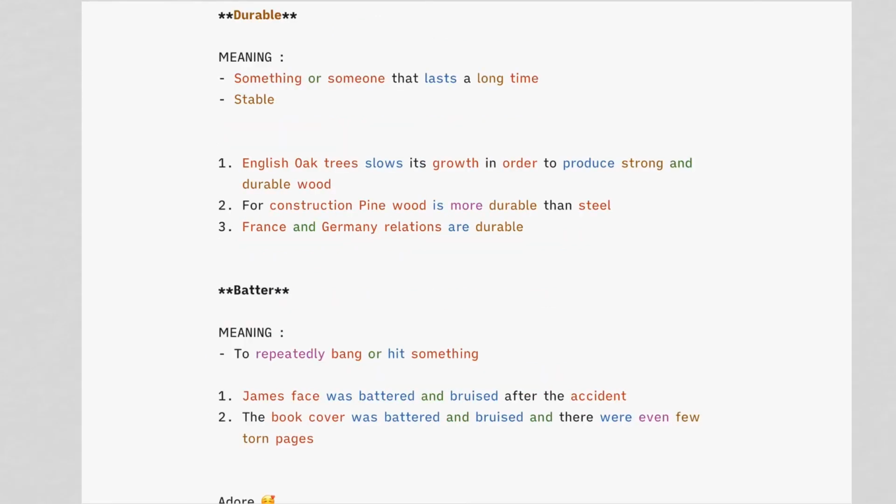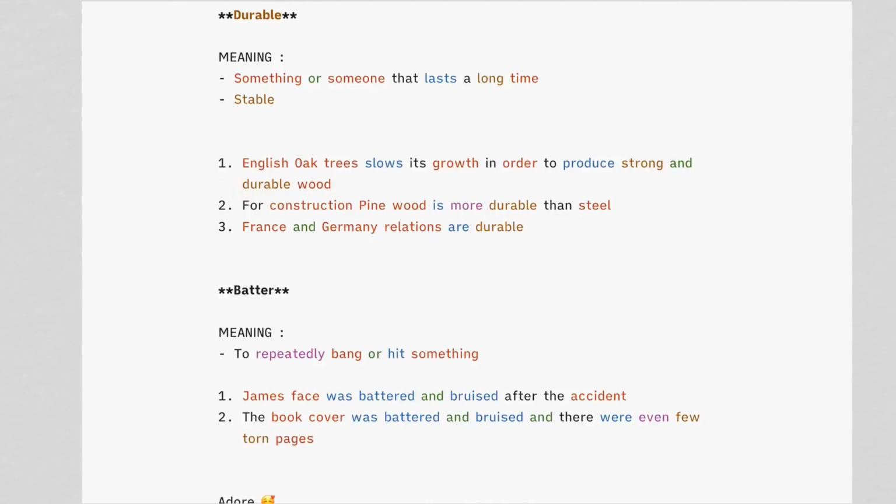The next one is durable. Durable means something or someone that lasts a long time, or is stable. The first example for the word durable is English oak trees slow their growth in order to produce strong and durable wood.